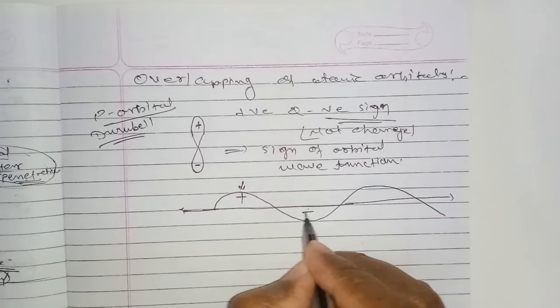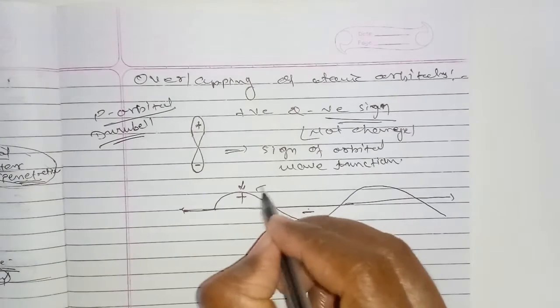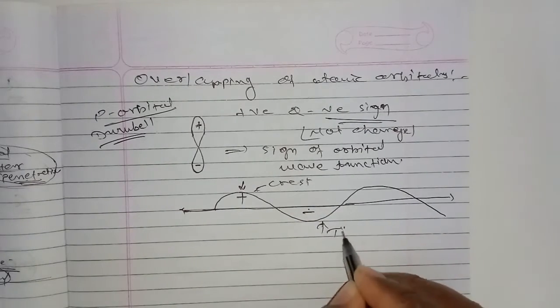Positive and negative signs are the crest and the trough.